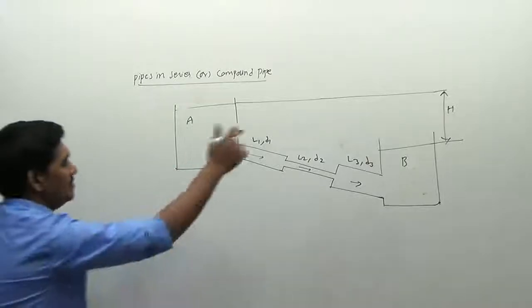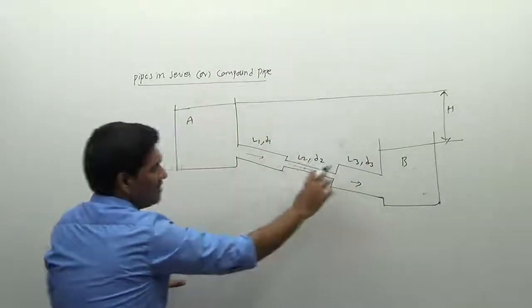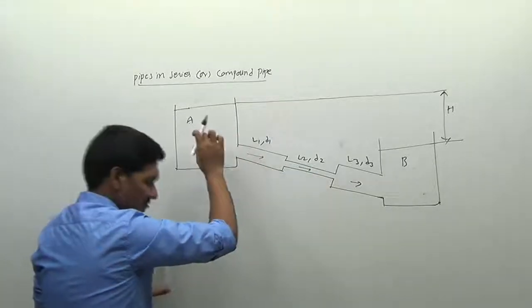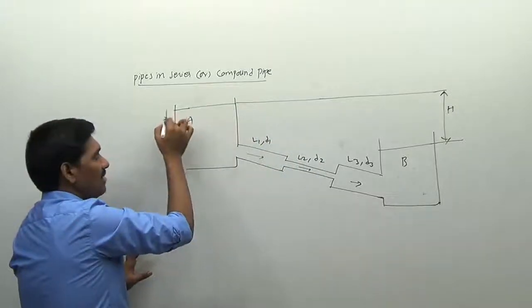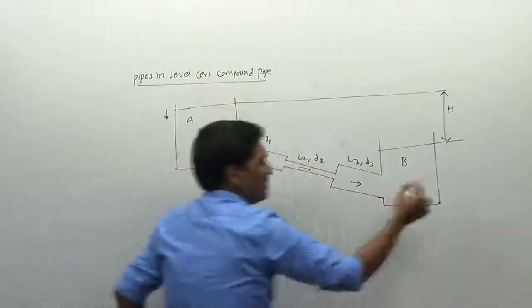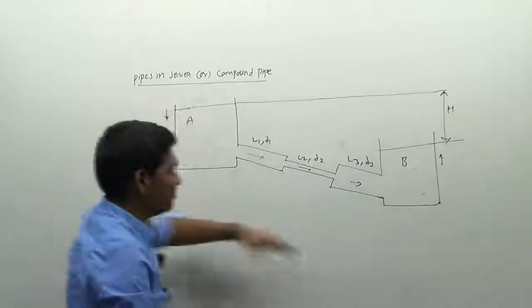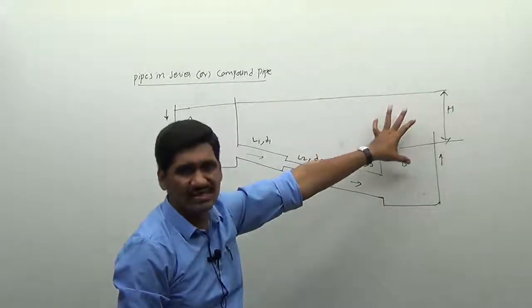Now see here. Actually, if there is flow inside the pipeline here, the level of the tank A will be decreased, and the level of the tank B will be increased here, right? But the value of H will remain constant.